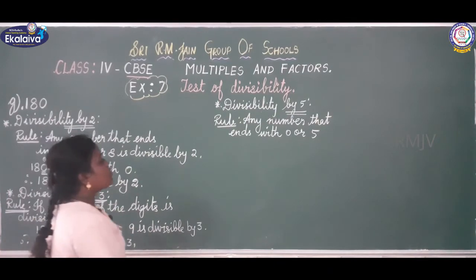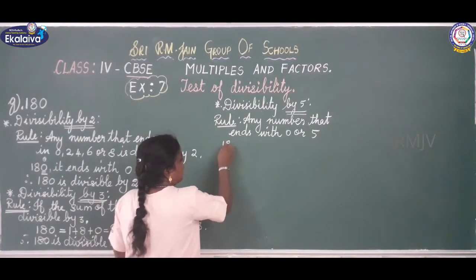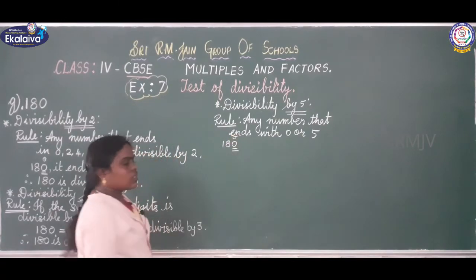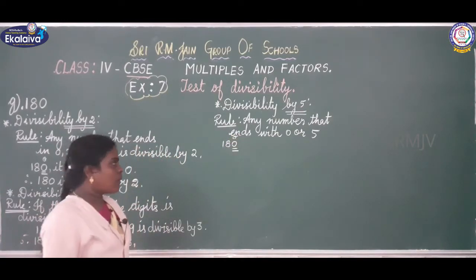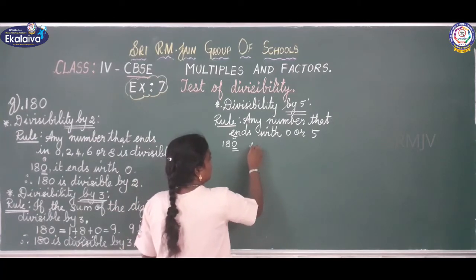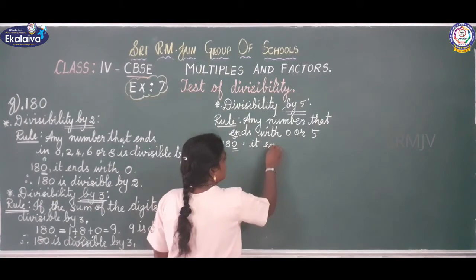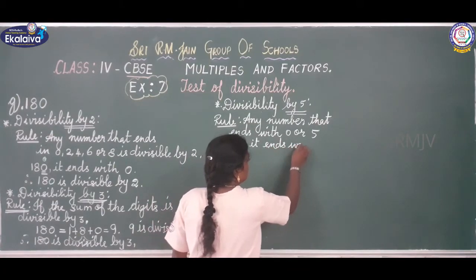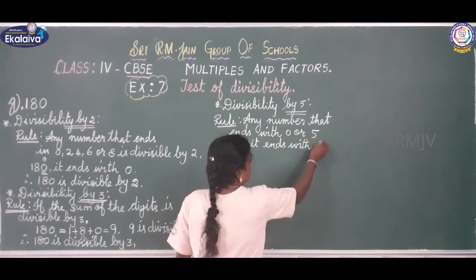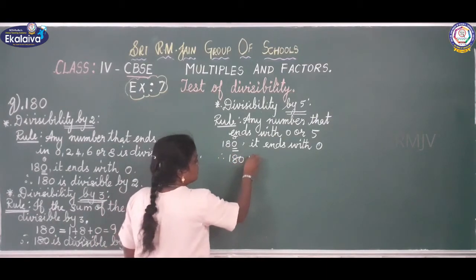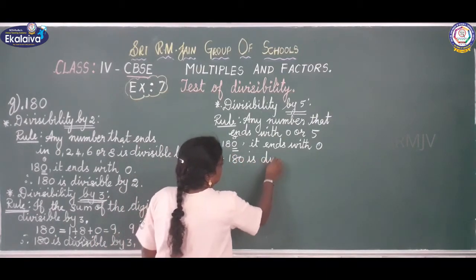Here the given number is 180. Look at the ones place. It ends with 0. Therefore, 180 is divisible by 5.